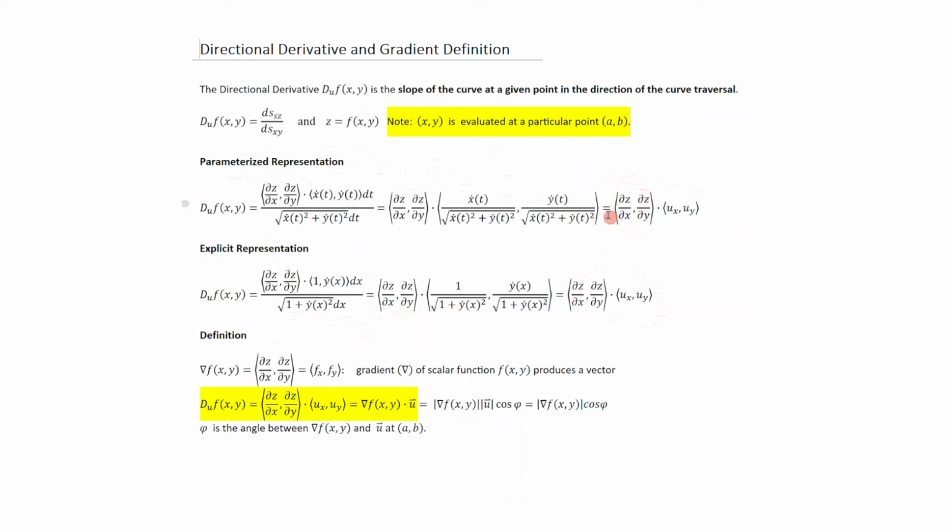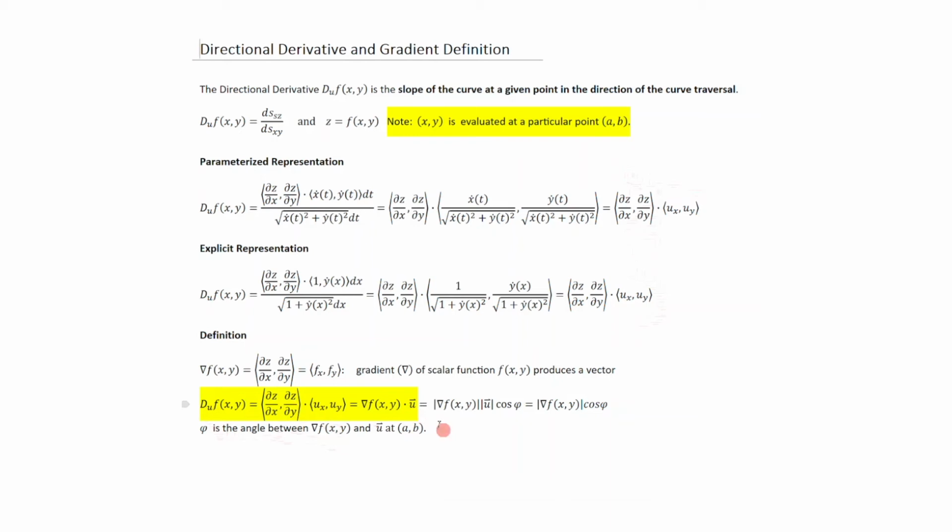Now this term here, we called the gradient, and we basically defined it as such, f partial x, f partial y. And so if we write now the directional derivative, it's nothing more than the dot product or the projection of the gradient vector in the direction in which you are traveling. That is the projection on the xy plane. And so this could be represented as grad f dot u, and this is a unit vector, u.